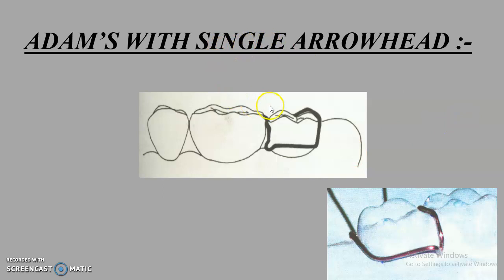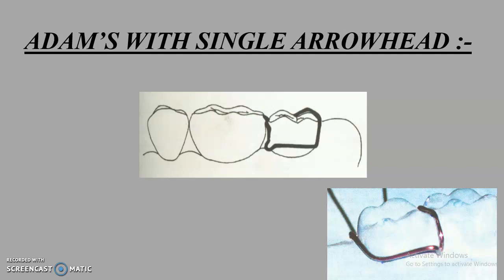So this is Adams with a single arrowhead. You can very well appreciate that it doesn't have an arrowhead in this region, only a single arrowhead, right? This particular design is used for partially erupted teeth.